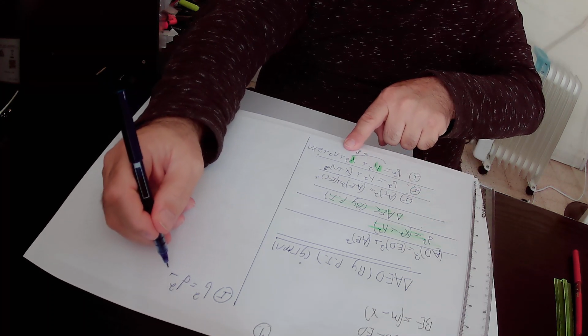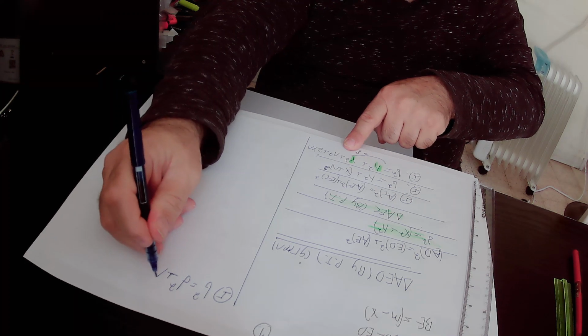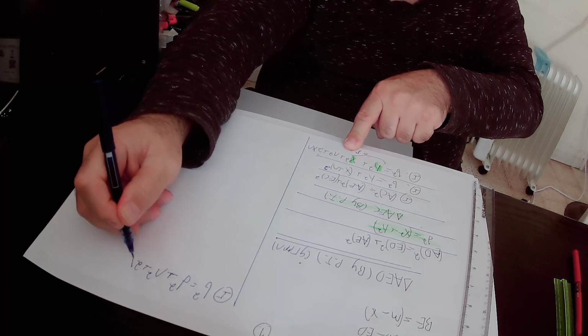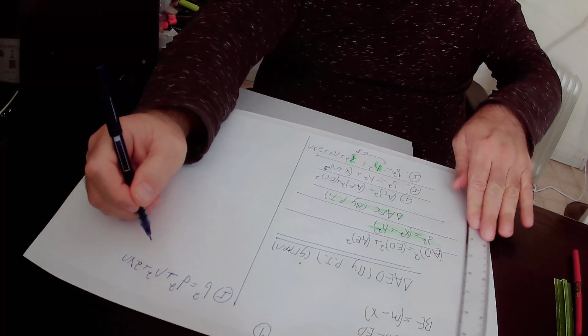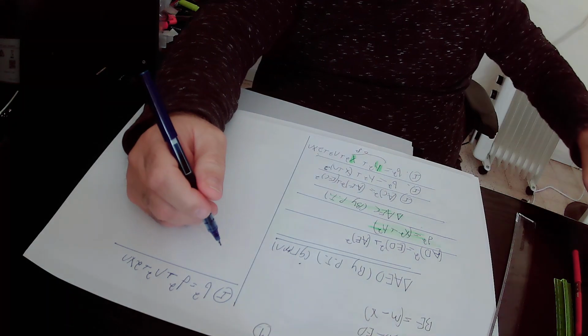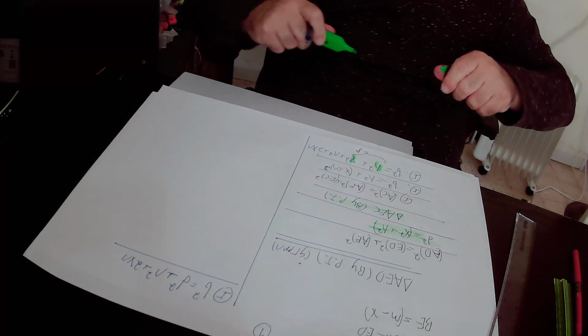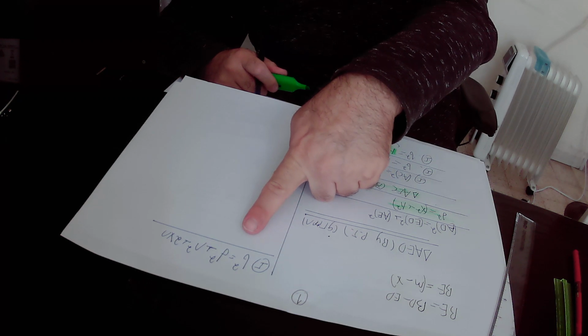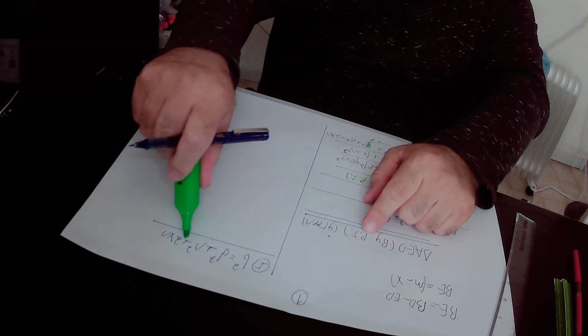So this is actually equation number 1: b squared equals d squared plus n squared plus 2xn.